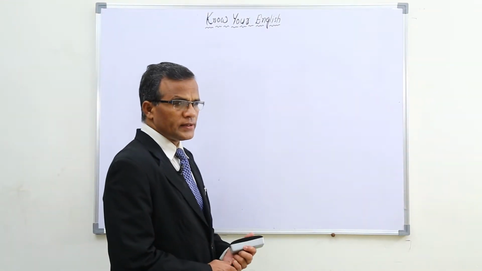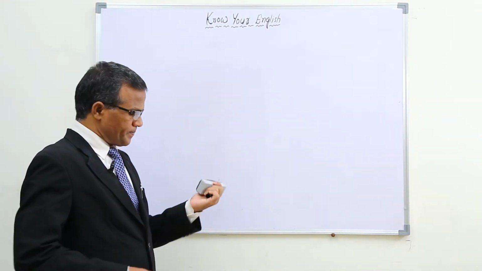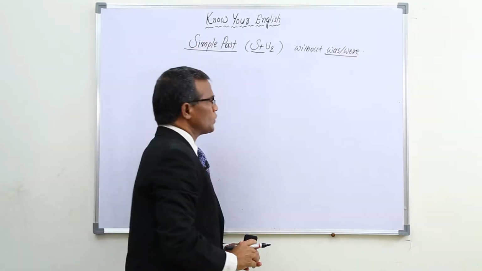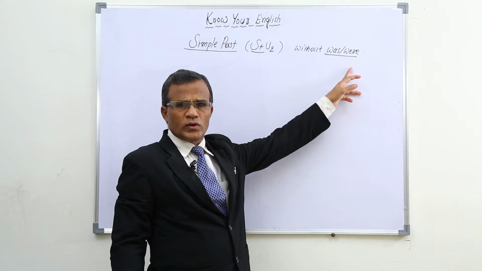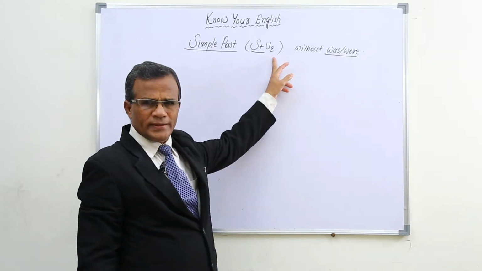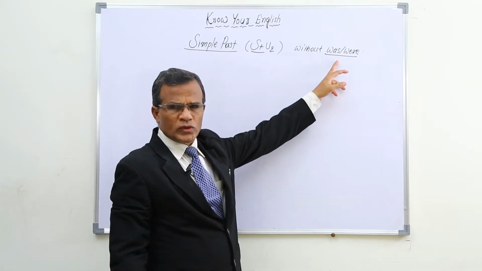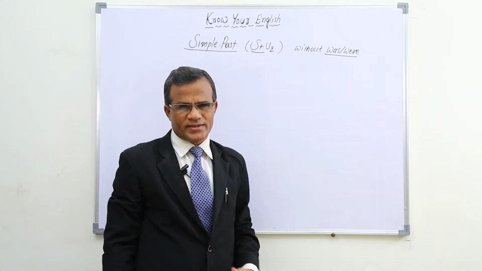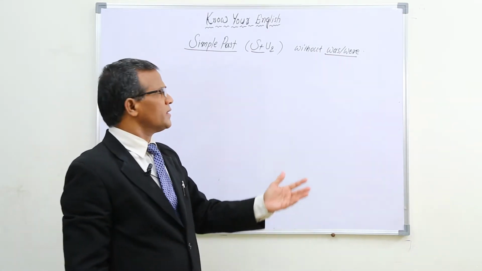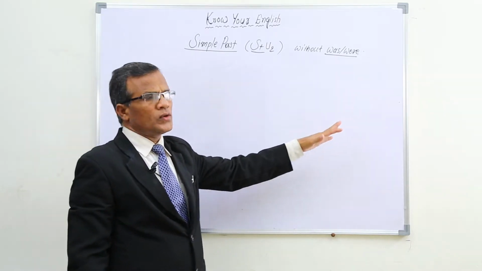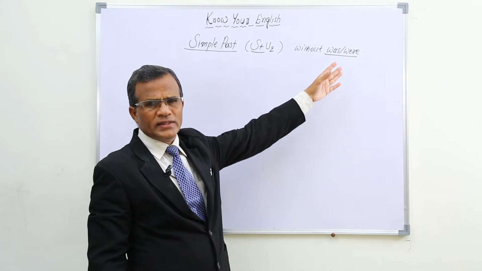Now let's learn another structure. Simple past. Was or were are also V2 forms only, but in this structure we don't use was or were because we have already learned the structure with was or were separately. So we don't want to learn these things here.